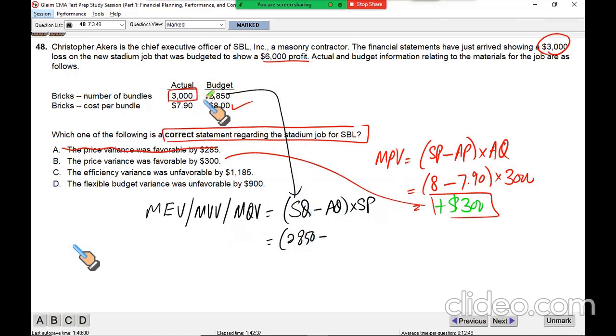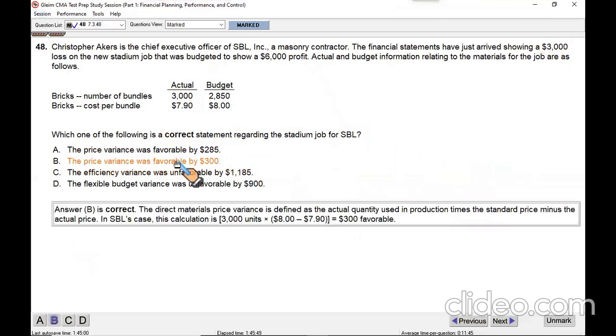The actual quantity we used was 3,000, multiplied by the standard price, which is given as 8. If you calculate, it is going to be an adverse variance: 2,850 less 3,000 multiplied by 8. It is 1,200 adverse, but as per this question, the adverse variance is 1,150. This is wrong. Anyway, we got our right answer. Our answer is option B.